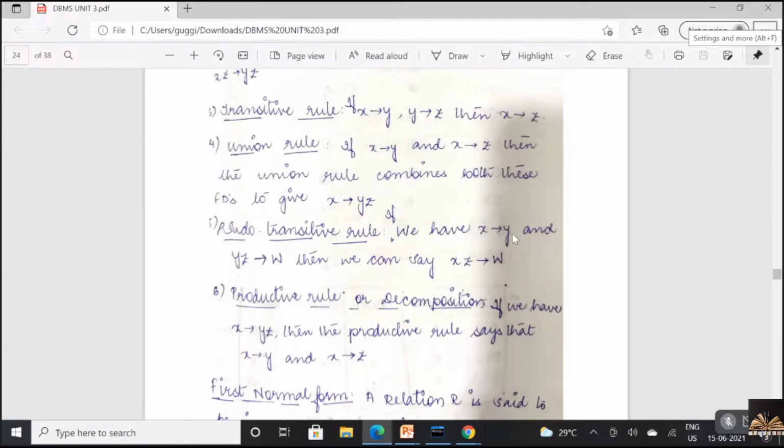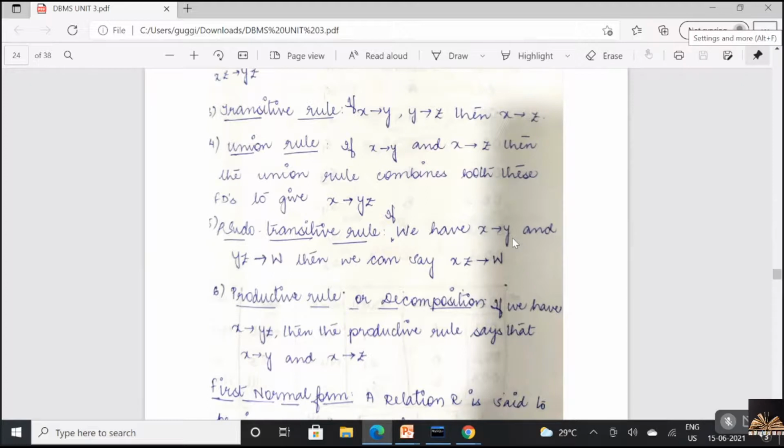We have X implies Y and YZ implies W. Then we can replace this Y by X, because if I have the value of X, I can determine the value of Y. Instead of YZ implies W, I can write XZ implies W, if X implies Y holds good.